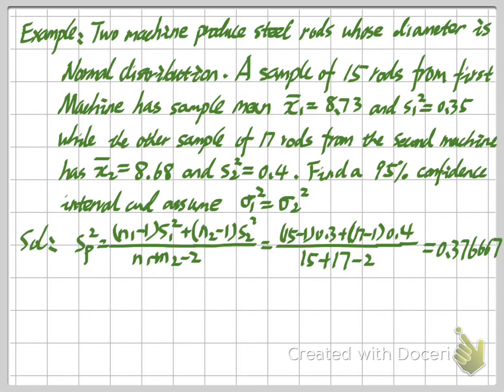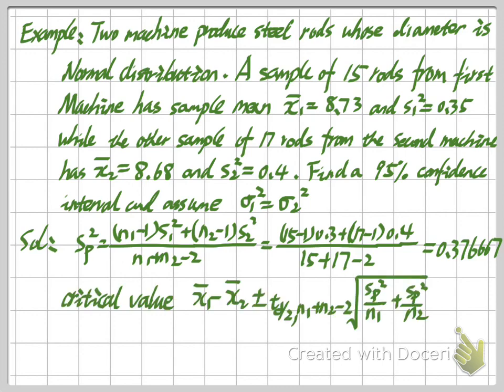Because for this confidence interval, we can just write the critical value, right? So the formula for our critical value looks like this. Except for this S square P, the other thing we need is our alpha.